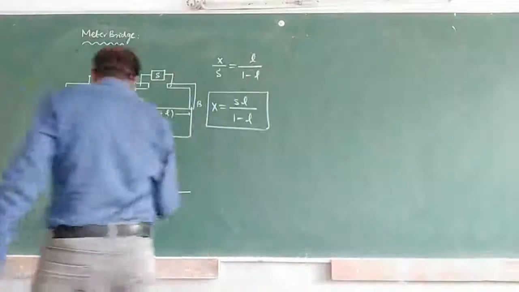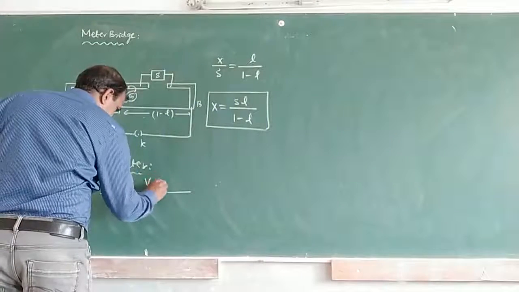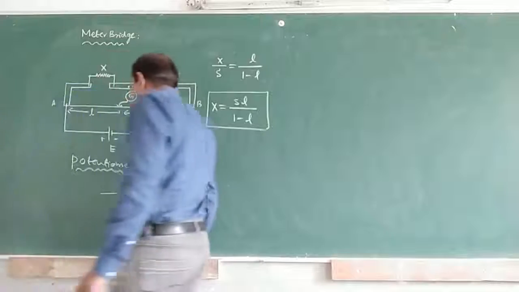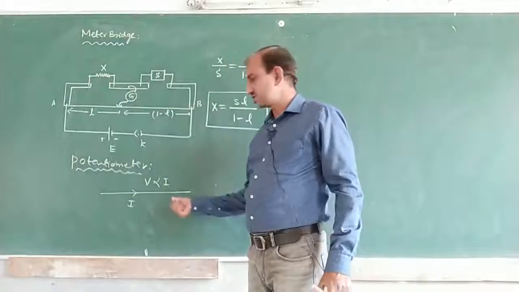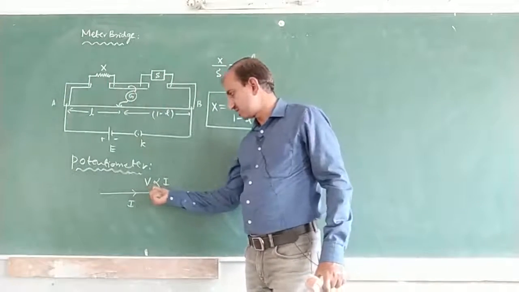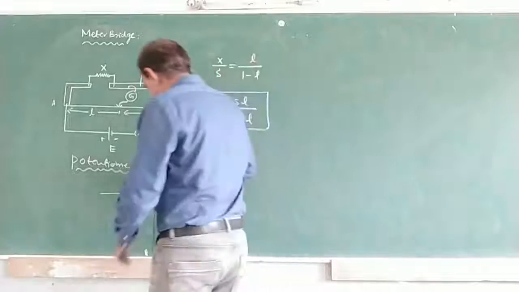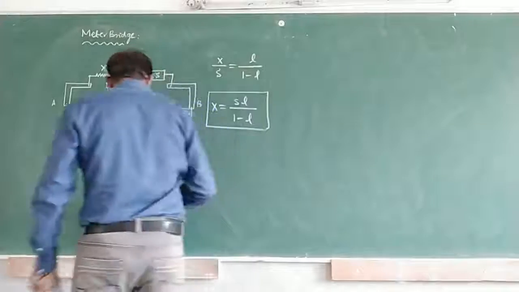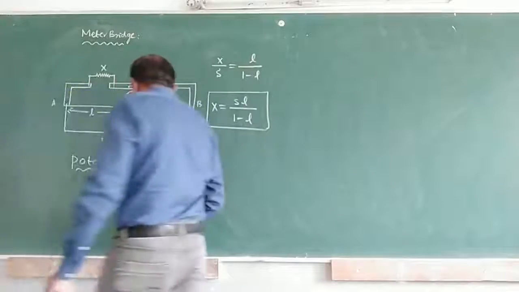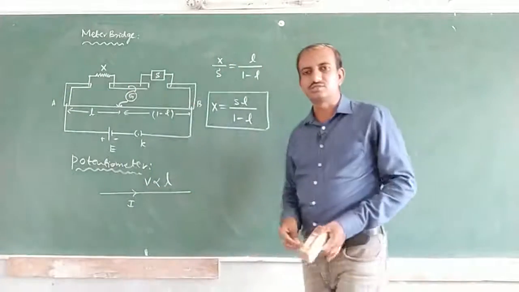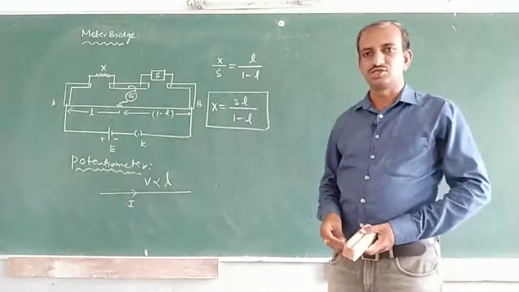According to the principle of potentiometer, when a steady current flows through a wire, the potential drop across the wire is directly proportional to the length of that portion of the wire. This is L, V proportional to L. This is the principle of potentiometer.